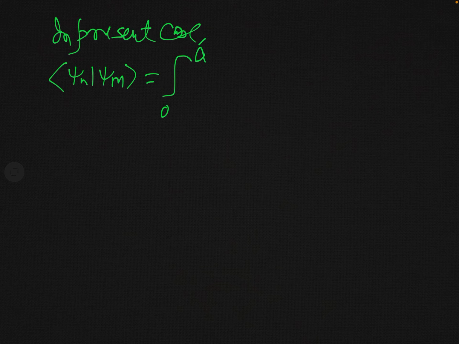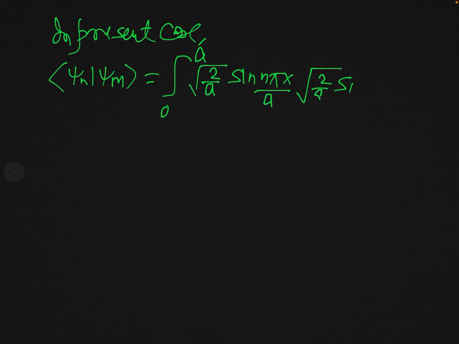And psi n star will be equal to root over 2 over a sine n pi x over a, because the function is real, so its complex conjugate will also be the same. Times root over 2 over a sine m pi x over a dx.